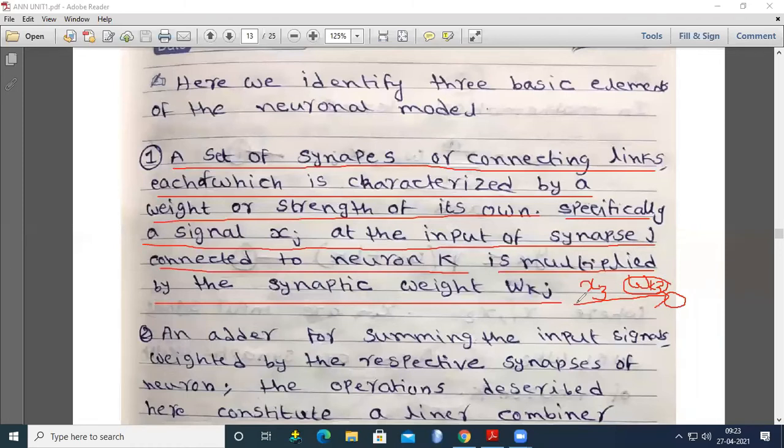This is the link 3, connected to a neuron k. So this is the neuron k, and the signal is multiplied by the synaptic weight wkj.